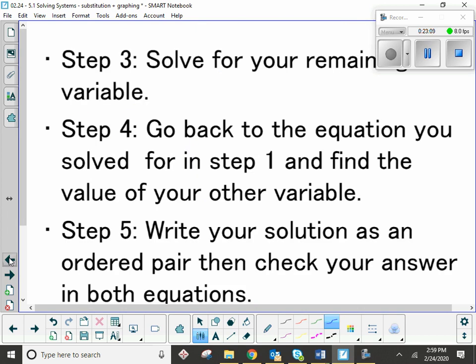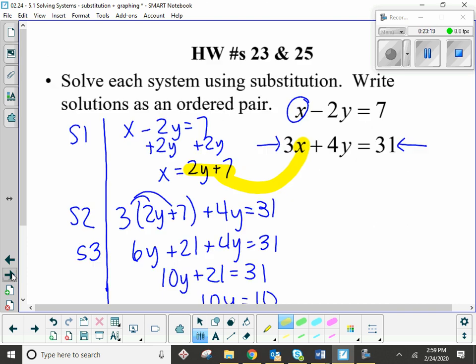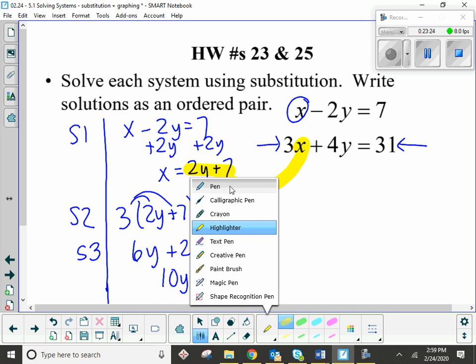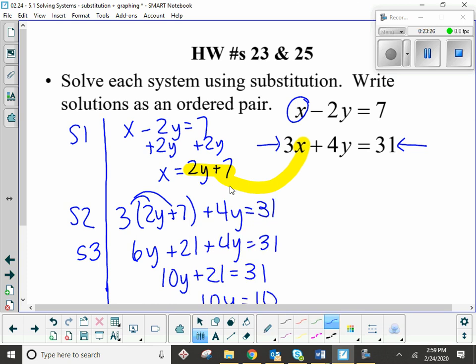Step 4 says go back to the equation you solved for in step 1 and find the value of your other variable. Here's what that means. This highlighted stuff right here is what I did in step 1. Now I know, though, that y equals 1. So x is already solved for here.